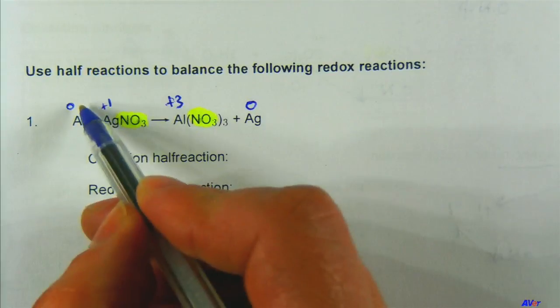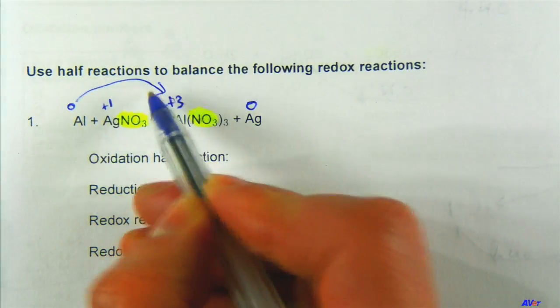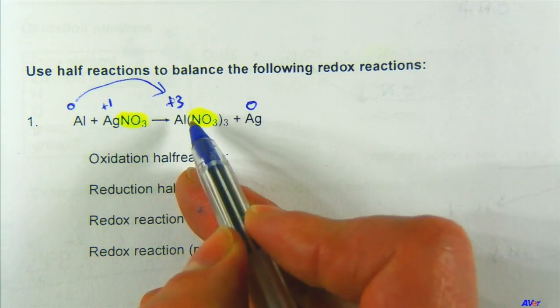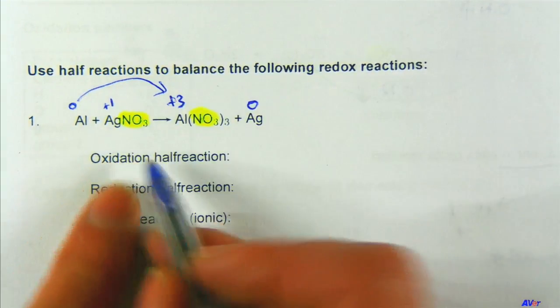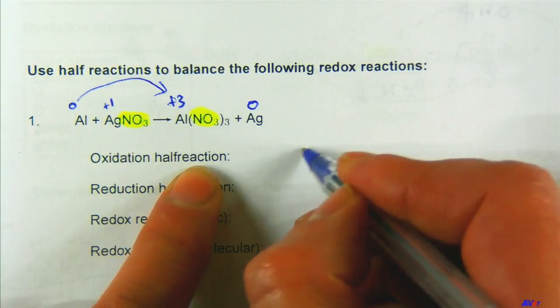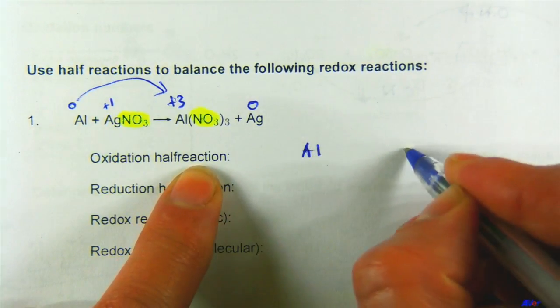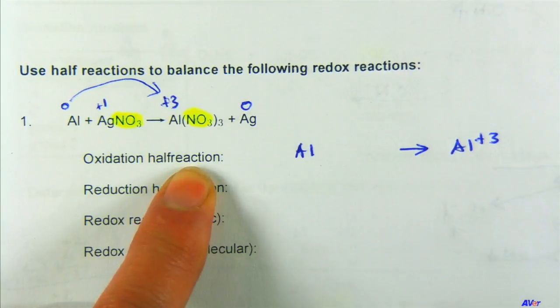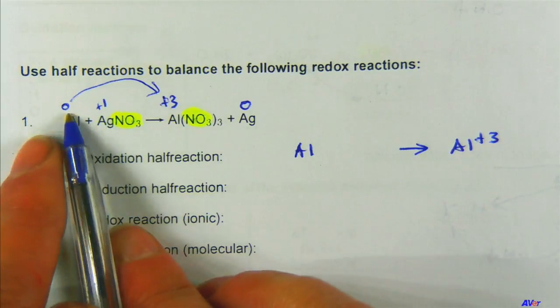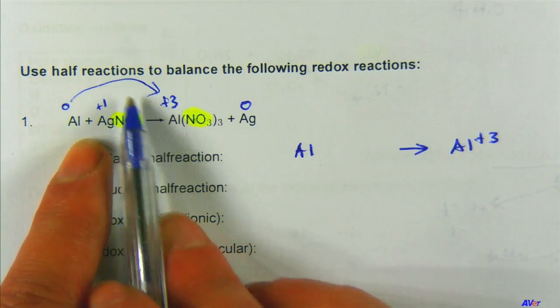So if you look at the aluminium, what's it doing? The oxidation number is increasing, so the aluminium is oxidizing. So if we looked at the oxidation half reaction, that will be the aluminium going to aluminium +3. So it's going from 0 to +3, telling me it's oxidizing.